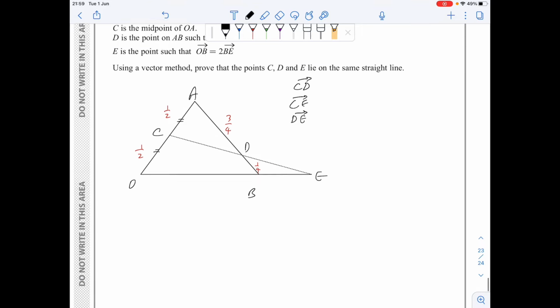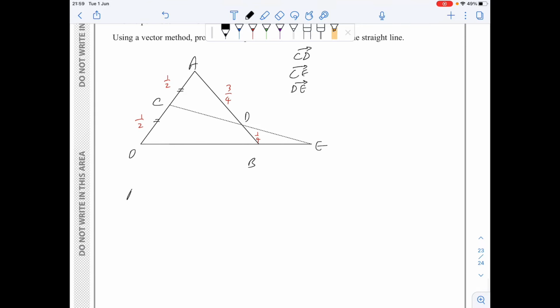Now, first, I will find AB, which is equal to -a + b. Then AD is 3/4 of AB, so it's -3/4 a + 3/4 b.